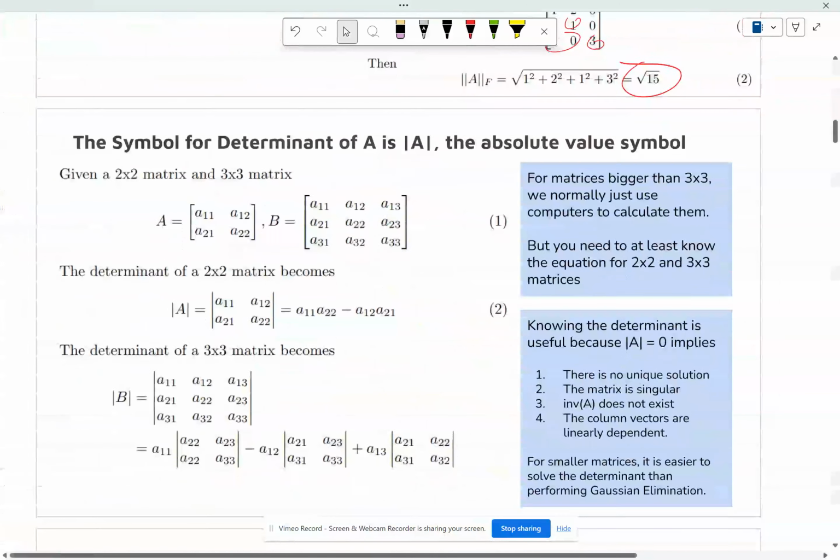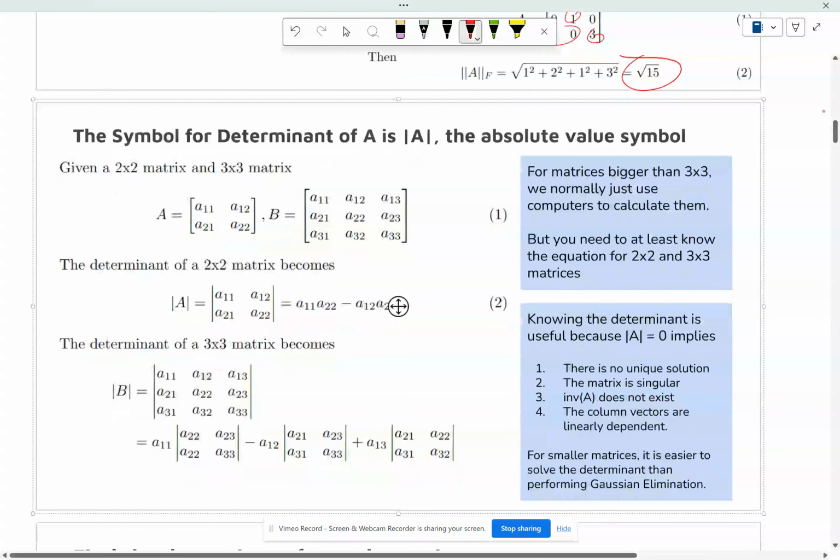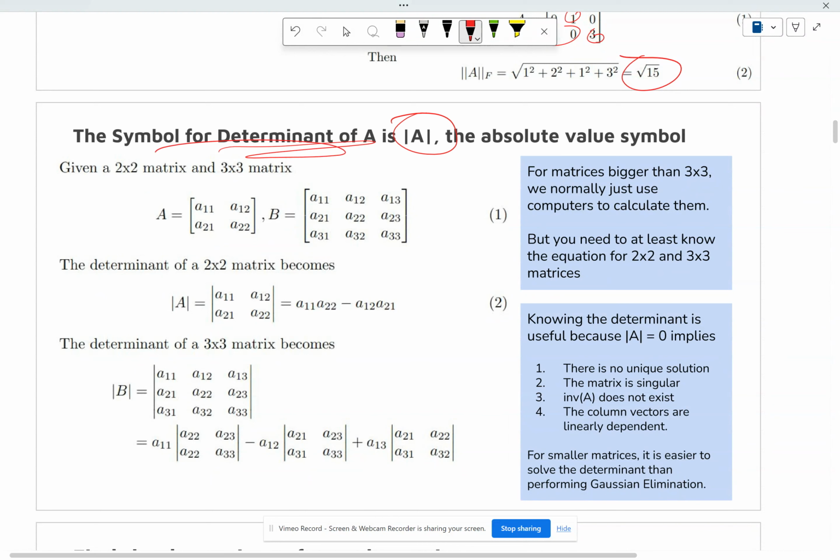Now the other one is called the determinant. That's the other way we're going to learn today. The symbol for the determinant is the absolute value sign, which for a matrix is specific to the determinant.